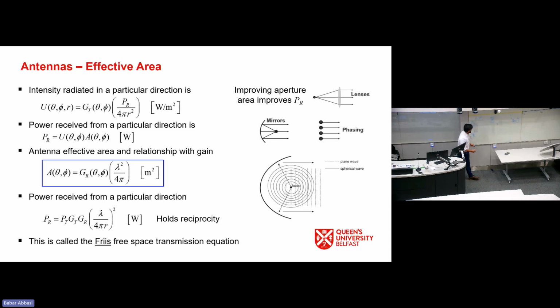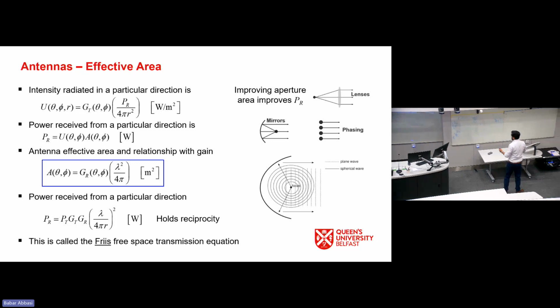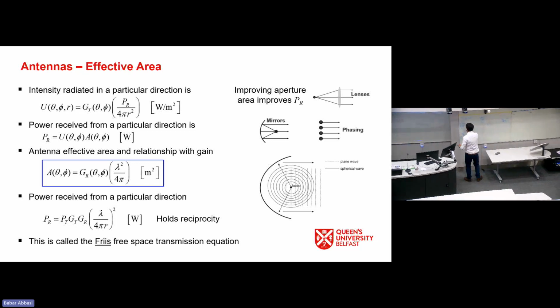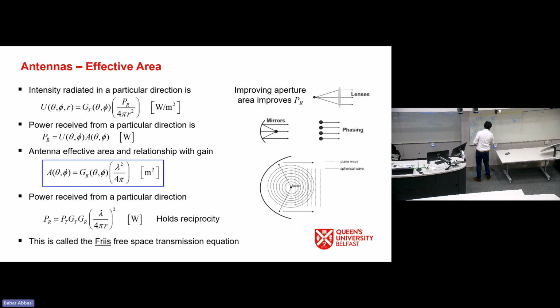So gain of the transmit antenna is important. We have seen that if I'm using a simple dipole antenna, a half wavelength dipole antenna, then it will radiate more in this direction and radiate less in this direction. Basically, no radiation in this direction.